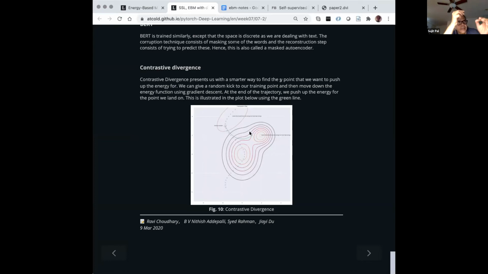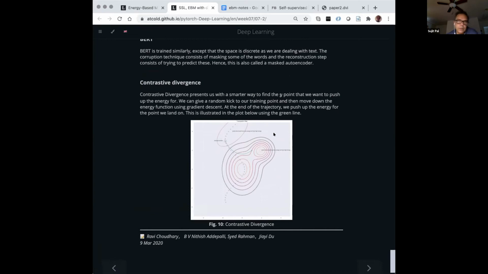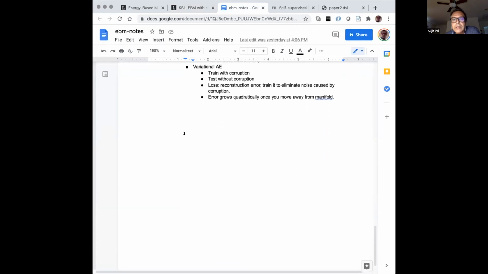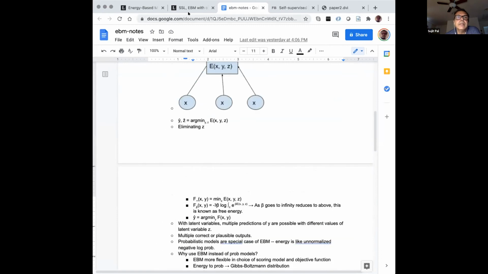So all the points that it rolls down from now start going up, right? Again, you have this valley kind of shape, and that's how you get the manifold of low energy. That's basically all there was. I don't think I have anything else here.